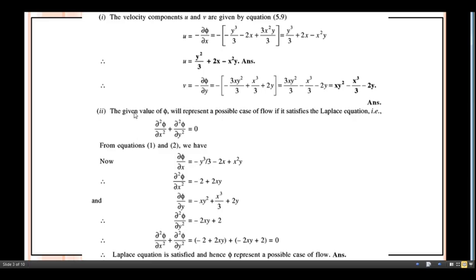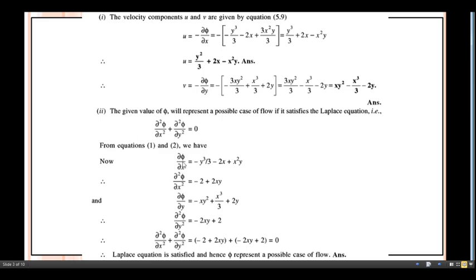Now to check the possible case of the flow, we know the Laplace equation, that is ∂square phi by ∂x square plus ∂square phi by ∂y square equals 0. In this case, dphi by dx and dphi by dy, these two terms are already with us.